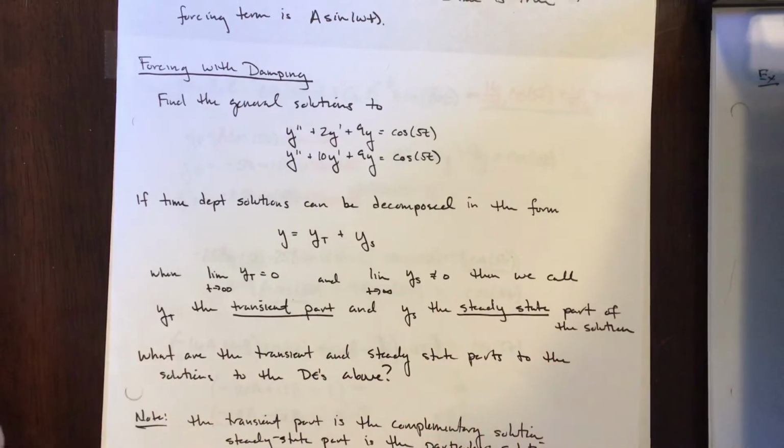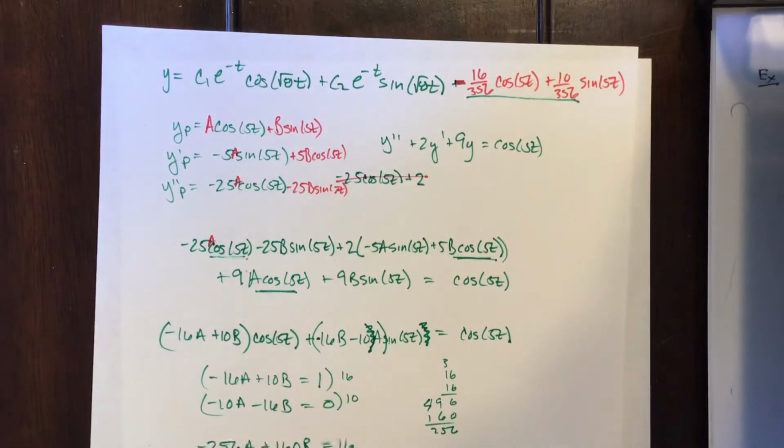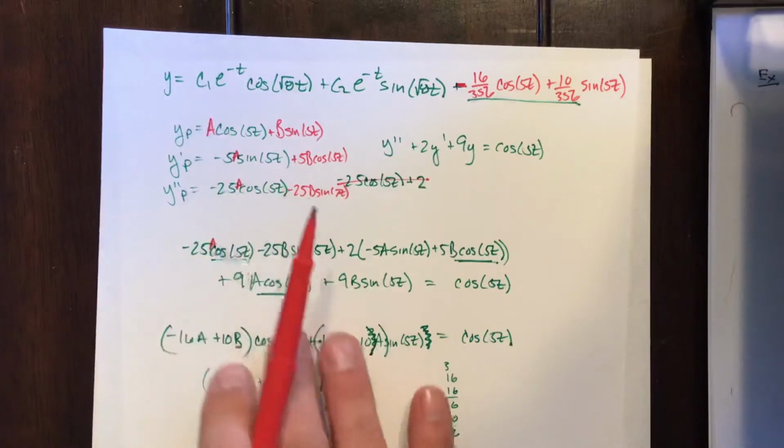So the transient part is the component that will go away over time, where ys is the component of the general solution that will always remain. Now, if you look at the two pieces that we have here, we have some constant.